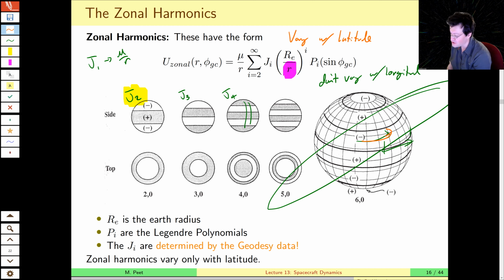But the zonal harmonics, because they don't vary with where on the Earth you are in terms of latitude and longitude, tend to cause more problems because they integrate over time a little bit more. They don't vary much from orbit to orbit, or between the first orbit and the second one.